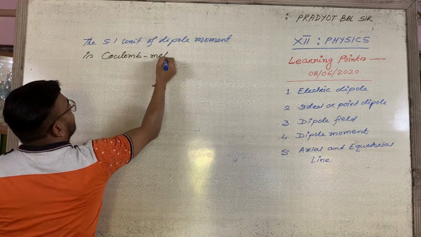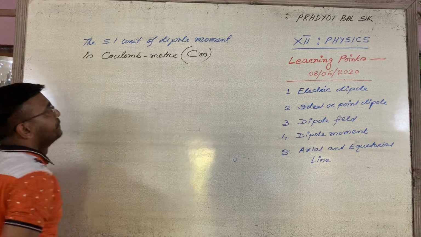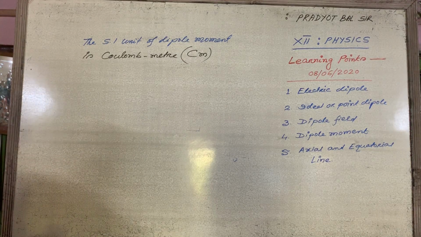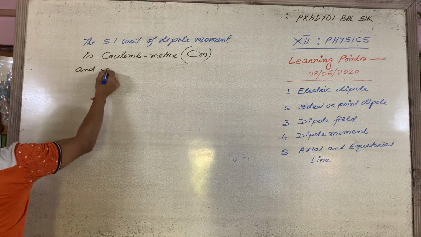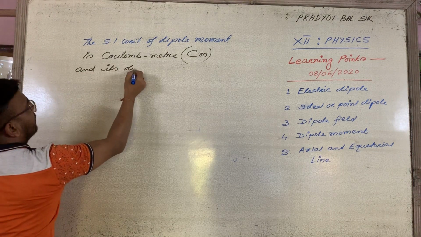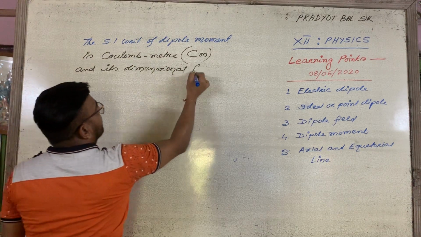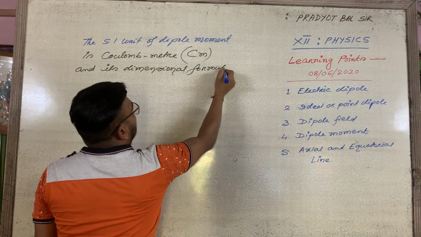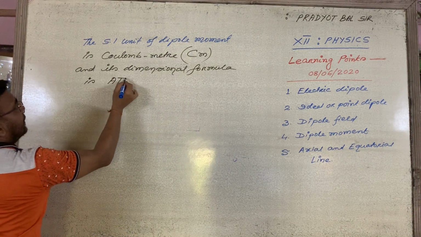Coulomb meter. CM. SI unit of dipole moment is coulomb meter, and its dimensional formula is ATL.